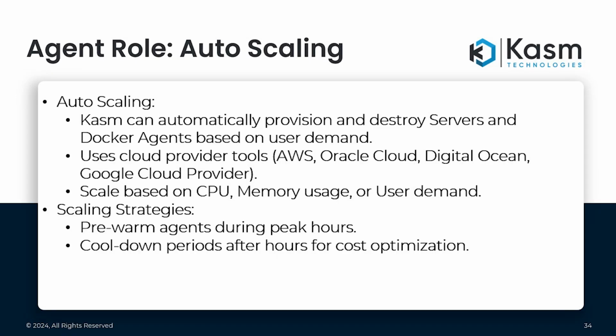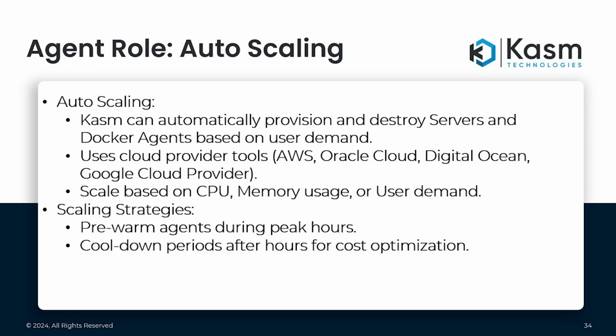The last thing I'll just touch on briefly is autoscaling. We've talked about it a couple of times already, but just to hammer home what autoscaling is, Kasm has the ability to provision and destroy servers and Docker agents based on user demand. Each cloud provider has their own tools, whether it be AWS, Oracle Cloud, DigitalOcean, or GCP.